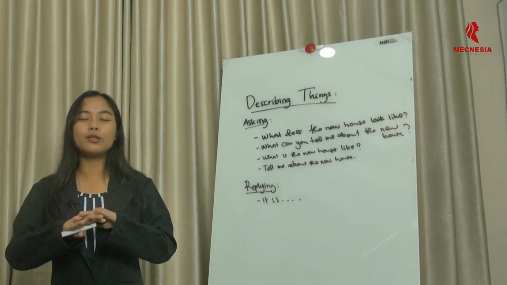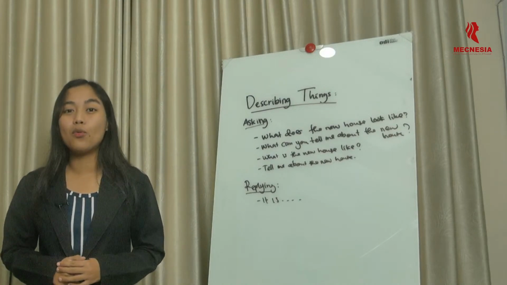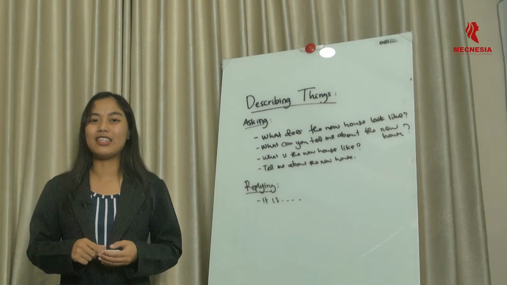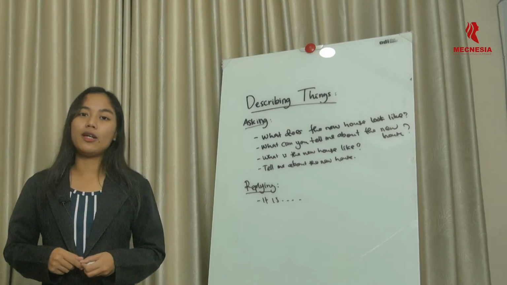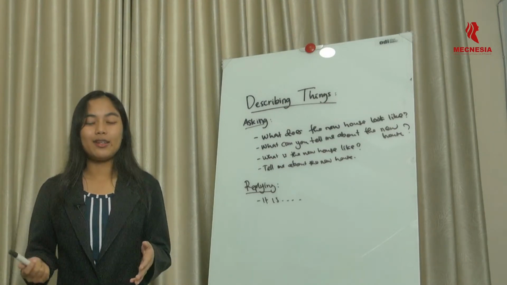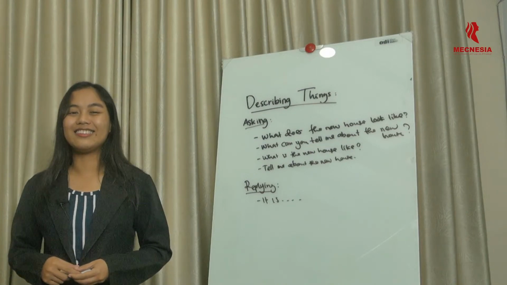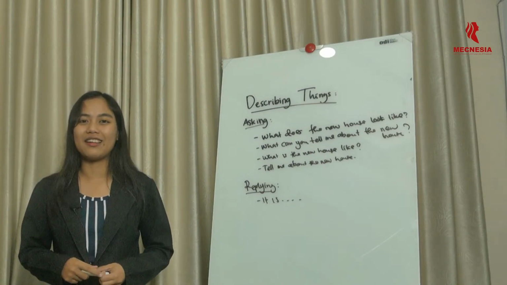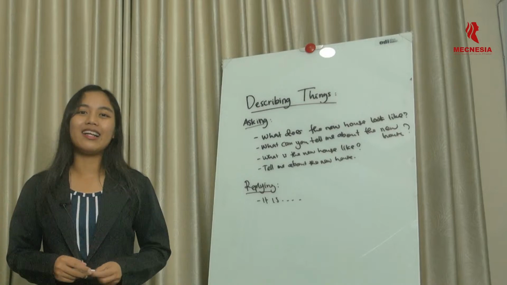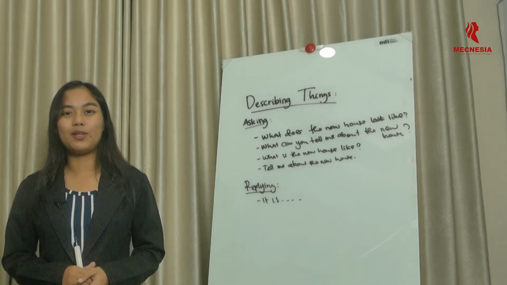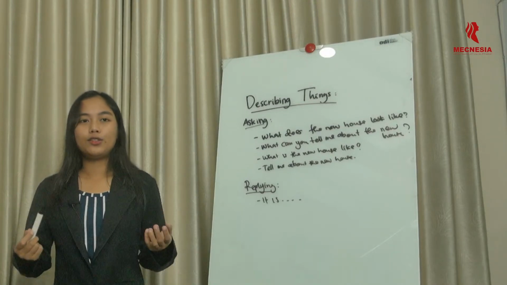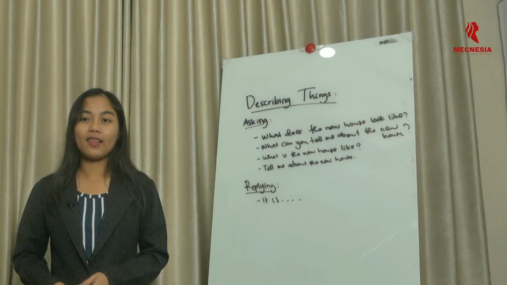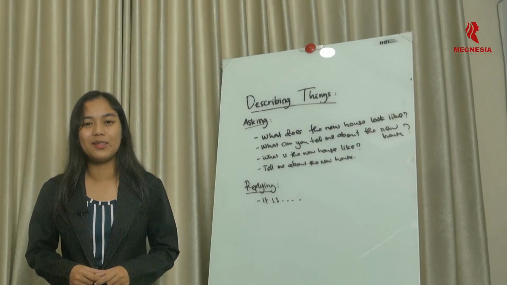Next, kalau kalian mau nyebutin luasnya, bisa menambahkan kata wide setelah jumlahnya. For example, 20 cm wide. Luasnya 20 cm. Next, untuk kedalaman, kalian tambahkan kata deep. For example, 2 meters deep.